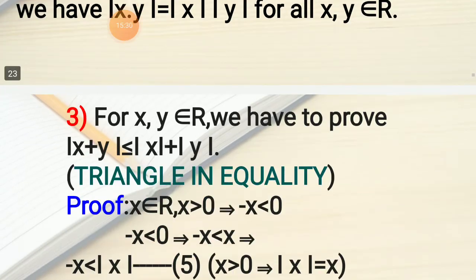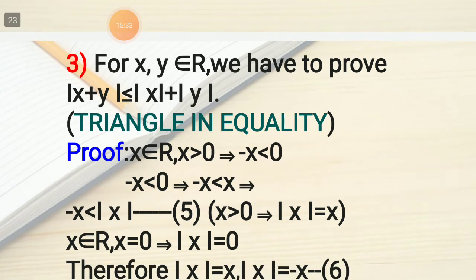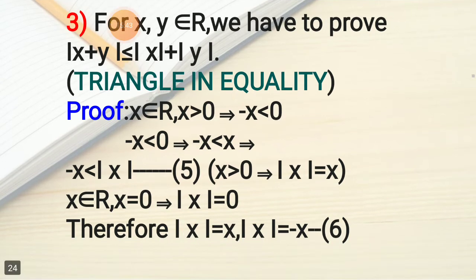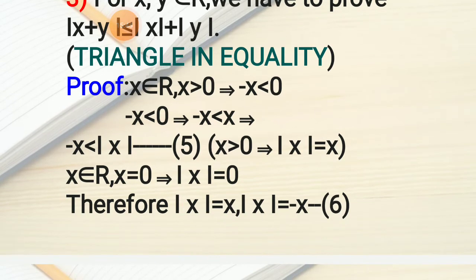Now the very important one, triangle inequality. For x, y belonging to R, we have to prove |x + y| is less than or equal to |x| + |y|. This is called the triangle inequality. x belongs to R, x is positive means minus x is negative. So minus x is negative, x is positive, ultimately minus x is less than x.